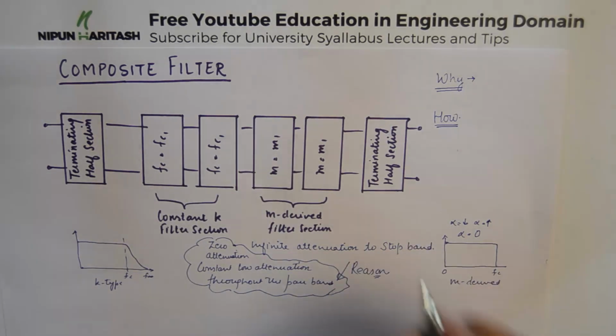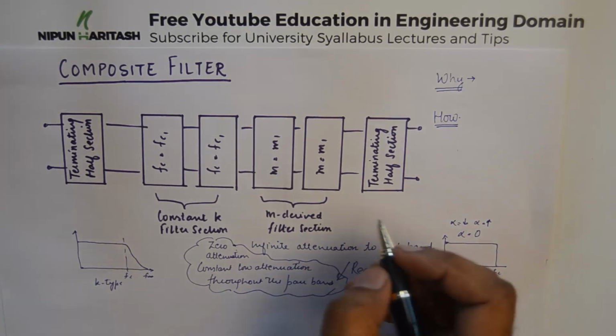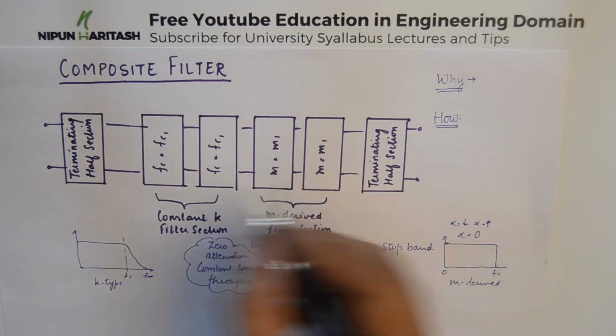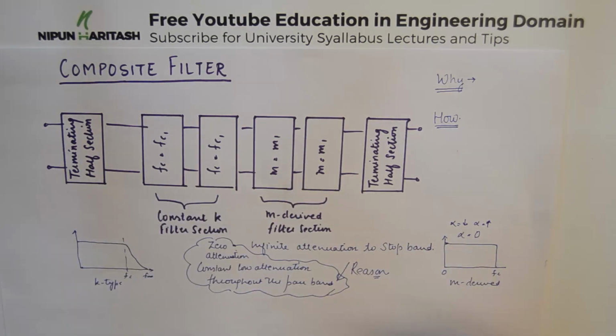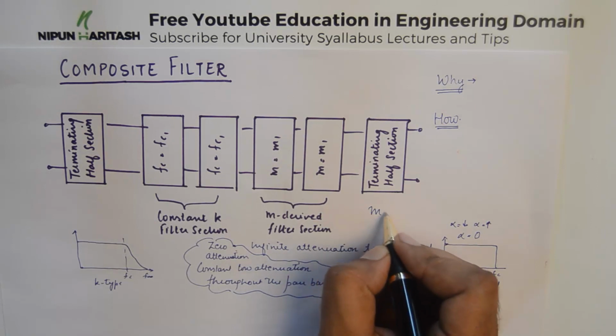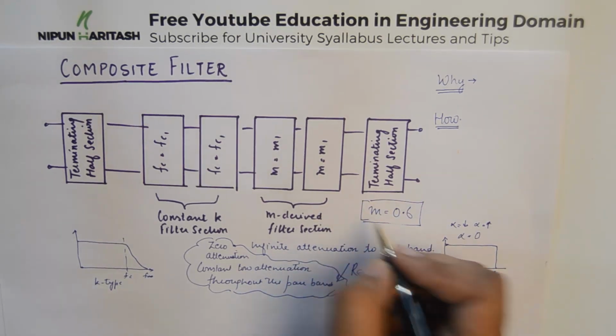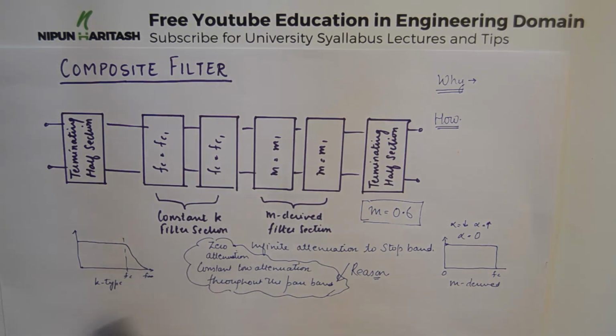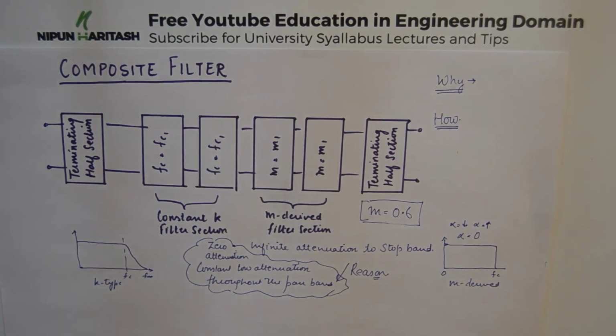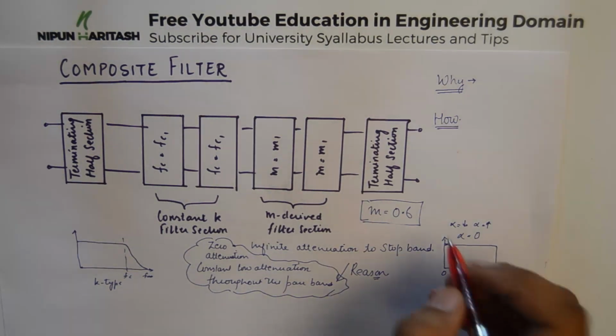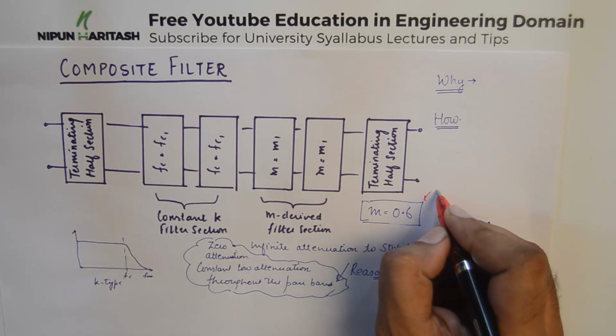Please understand, in designing composite filters, we'll make terminating half sections out of an M derived filter whose M will be 0.6. This is a super important point. I want you to highlight this point.